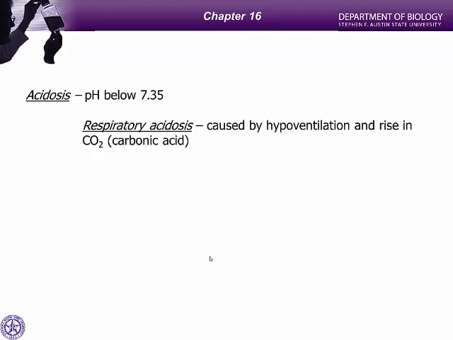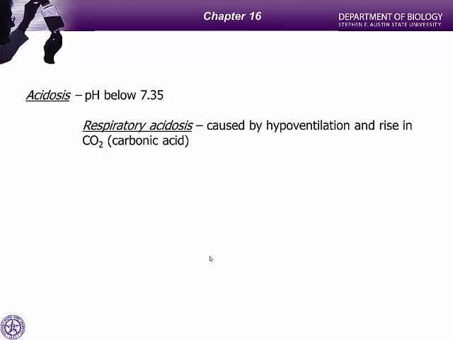Because if we talk about the disease or the clinical situation caused by hypoventilation and low pH, that's respiratory acidosis. If we talk about what term describes high carbon dioxide, well, that's hypercapnia. So those terms aren't interchangeable. They're not synonyms. They don't mean the same thing. So pay attention to those questions.